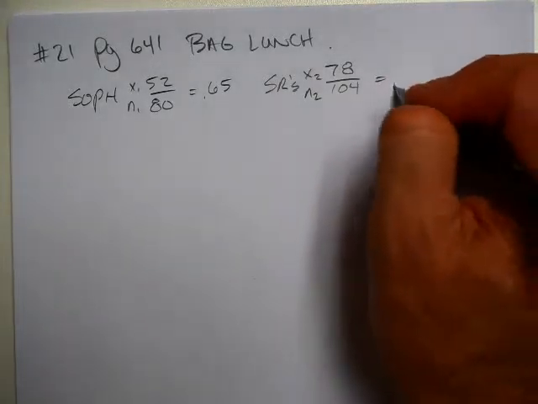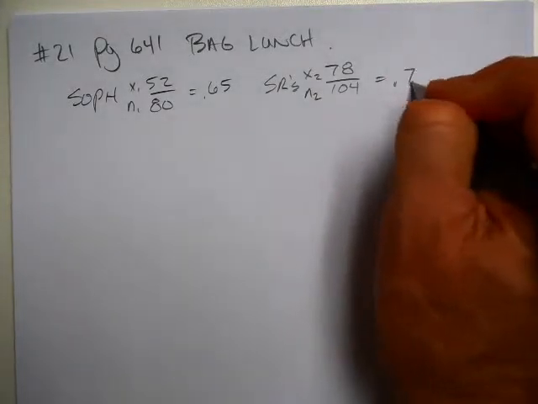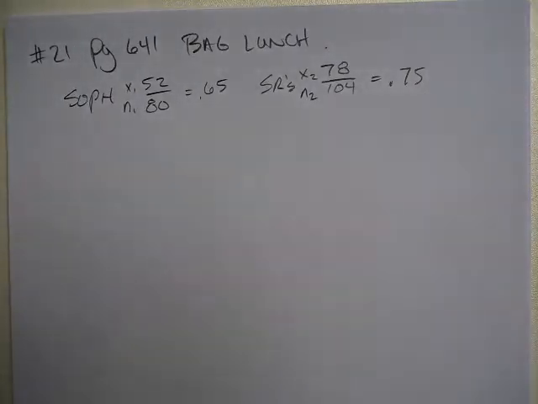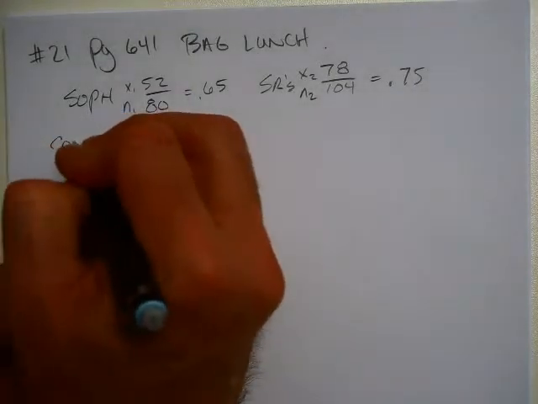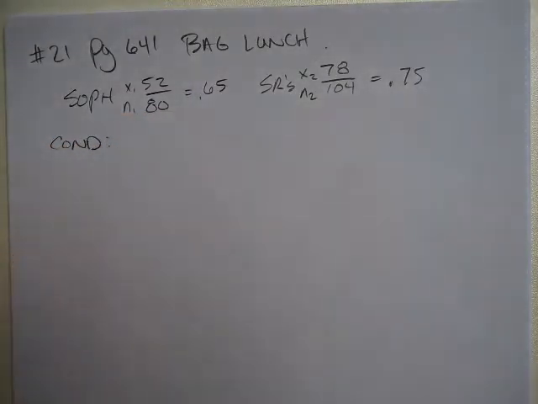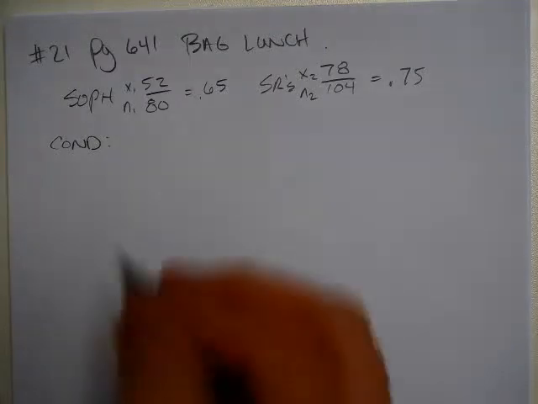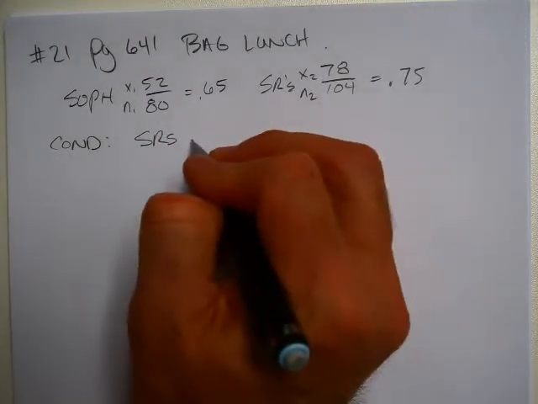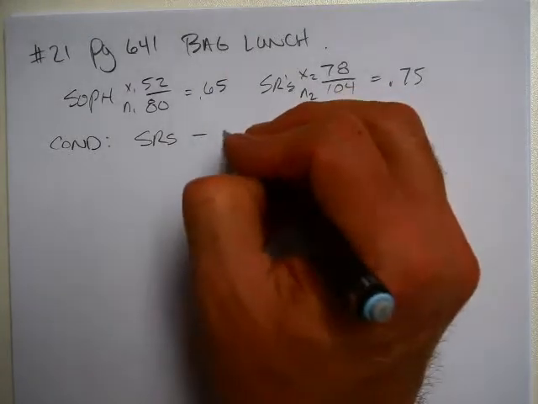That's about 0.75. Maybe it is 0.75. Seems to me like I rounded one of those numbers and I forget which one I rounded. So about 10% more of the sample as a proportion of seniors bring their lunch as opposed to eating the cafeteria food. All right, so conditions. SRS? That was stated. Yeah, it's given for both proportions.